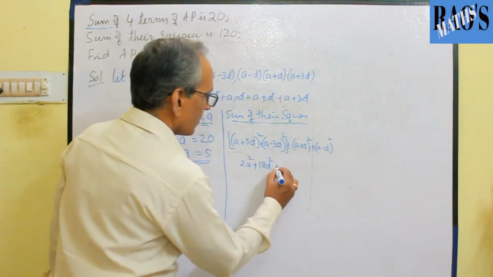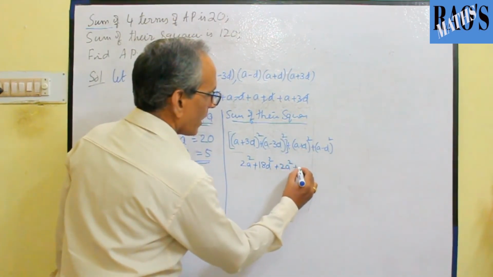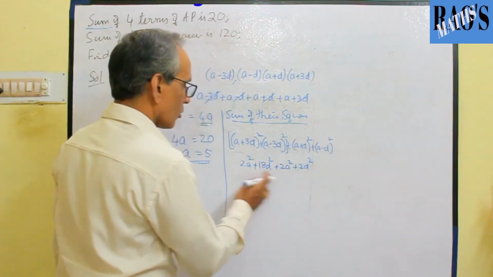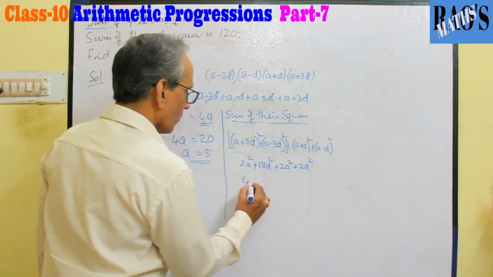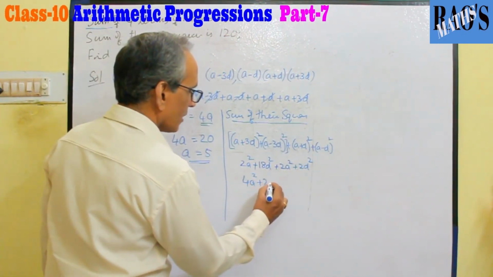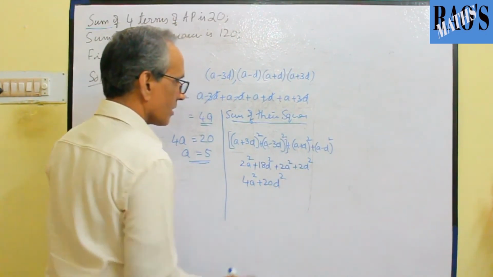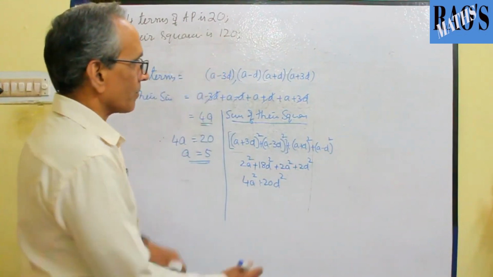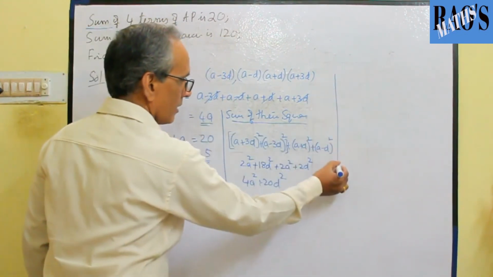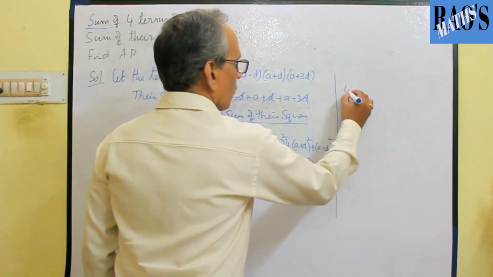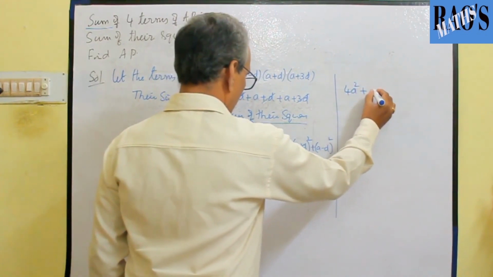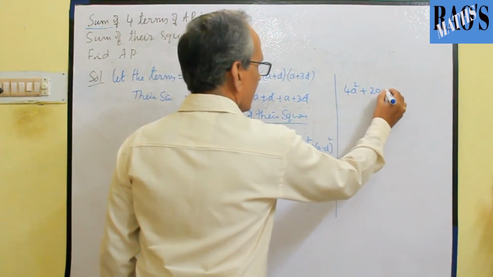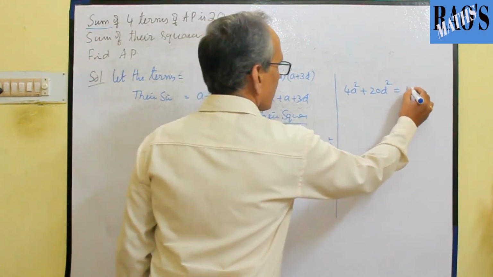This is 2A square plus 2D square. Totally we remain with 4A square plus 20D square, which is the sum of their squares. But this is given as 120. Okay. So 4A square plus 20D square is 120.